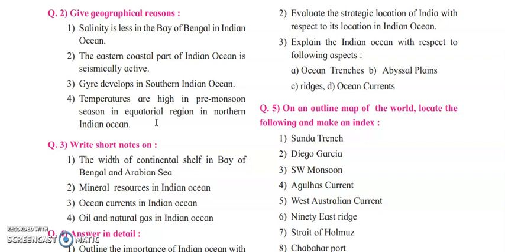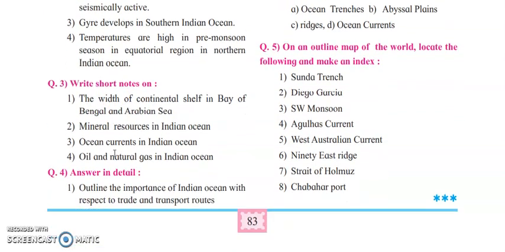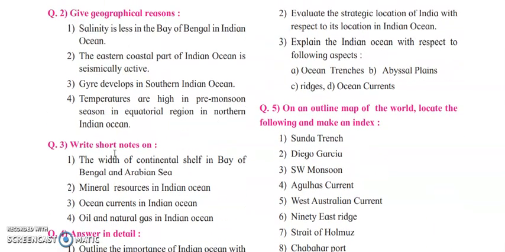Next, write a short note on the width of continental shelf in Bay of Bengal and Arabian Sea. Basically, the Bay of Bengal continental shelf is a bit narrow, but the continental shelf of the Arabian Sea is a bit wide. Why? Because the rivers which bring sediment to the continental shelf in the Arabian Sea are very short and small.